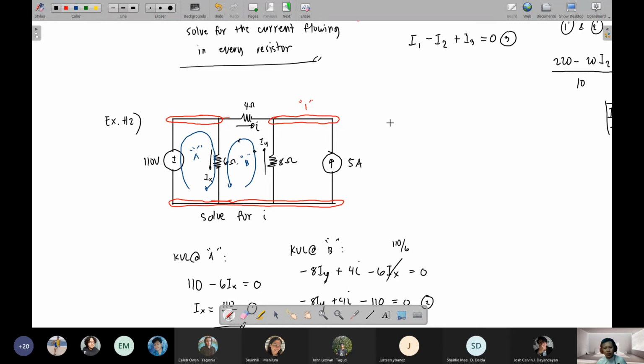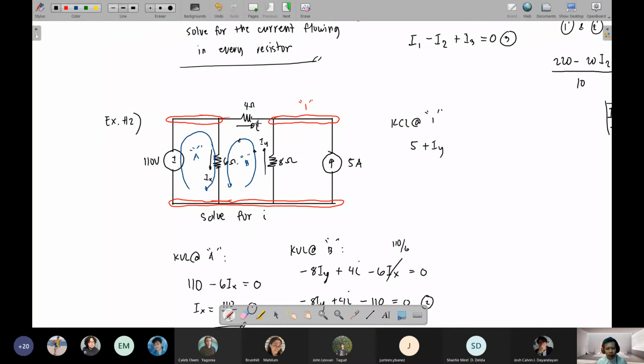Then applying KCL at node 1. So recall, KCL, entering current is positive, leaving current is negative. So 5 amperes, it's entering node 1, so that would be positive. Okay? Then IY is also about to enter node 1, positive gihapon, plus IY.